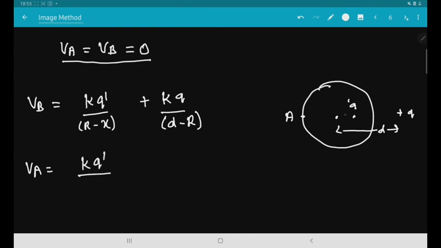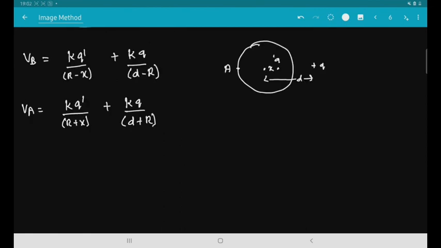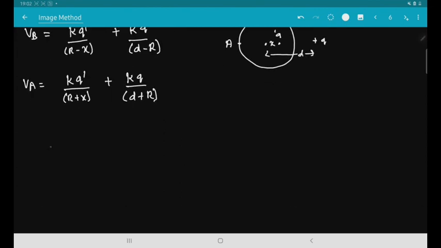Now this distance is X, so it will be R plus X for Q dash, and for the actual charge it will be D plus R. So now both VB and VA are equal. Okay, now here we know that VB is equal to 0.